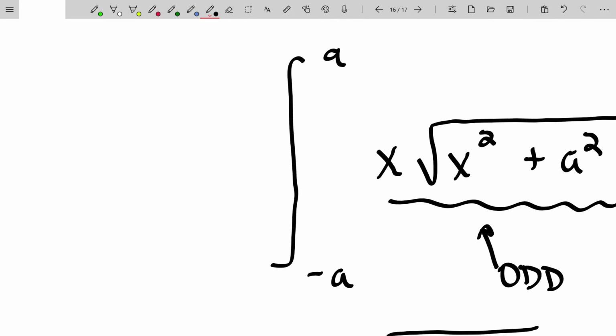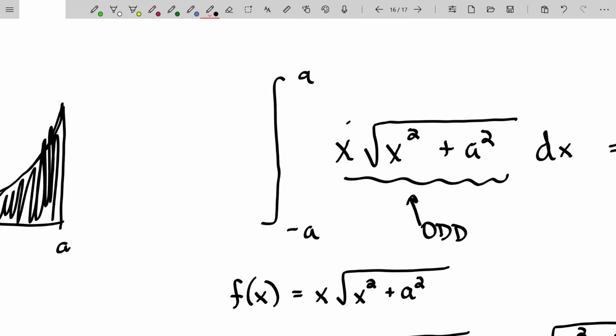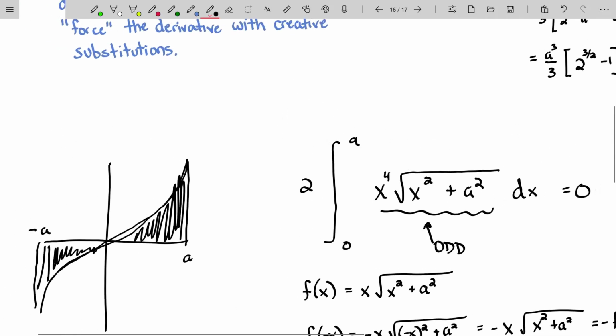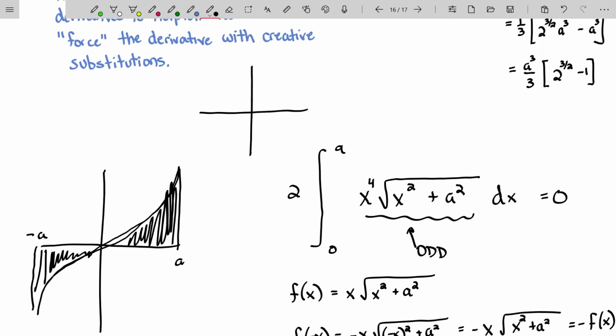Take a look if it's odd or even. By the way, if this was even, just pretend for a second that this is x to the 4th here. If this was an even function, then you would just say, I'll just integrate it from 0 to a and take twice it. If you don't understand why, it's because an even function has the property that it's symmetric about the y-axis.